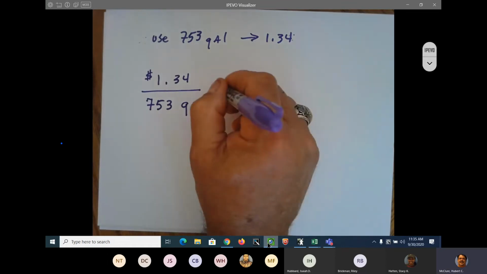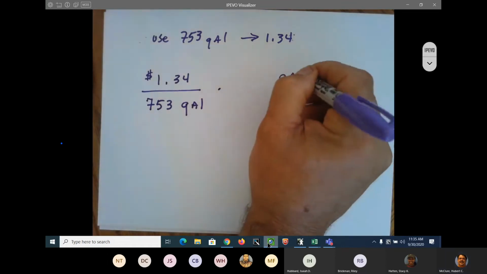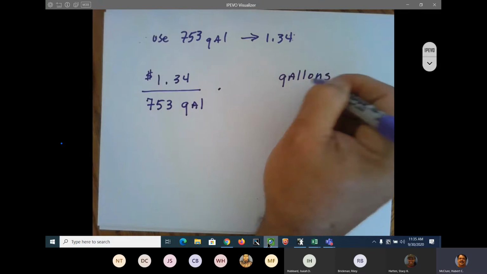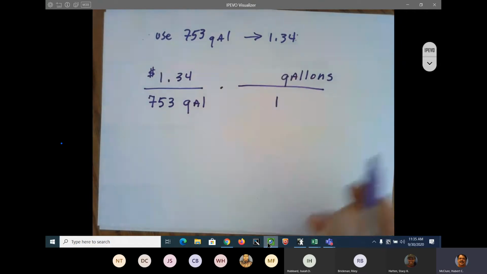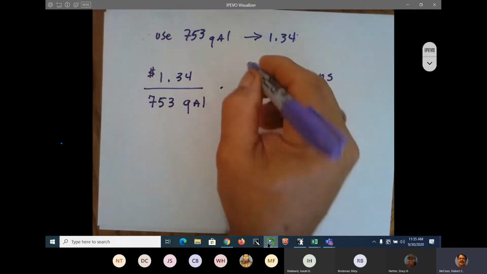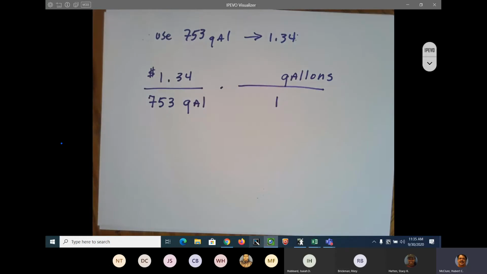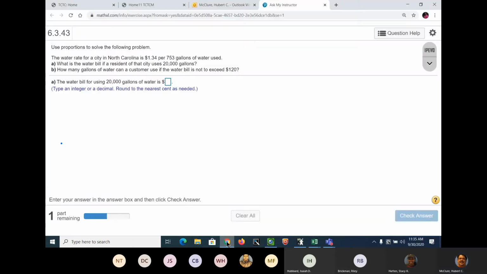So therefore, gallons has got to go on top. And since we don't have another unit, that just goes over 1. And that would be 20,000.